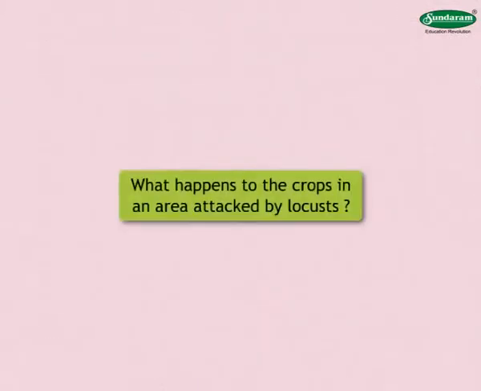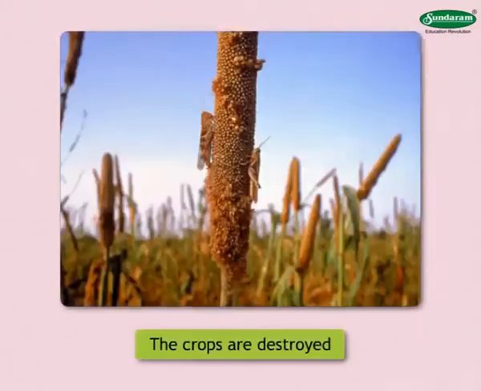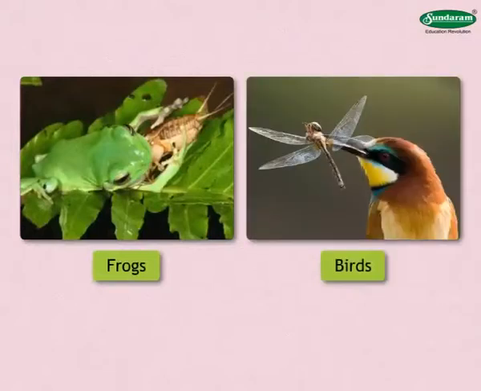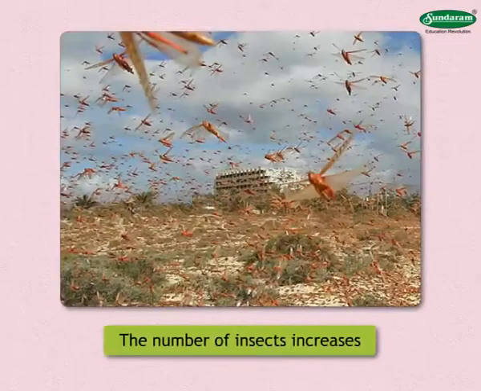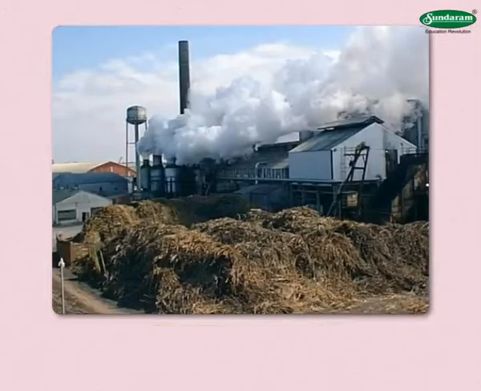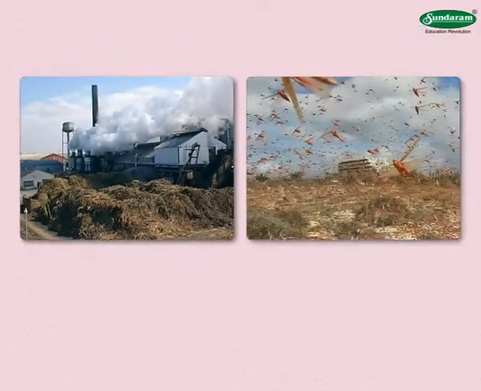What happens to the crops in an area attacked by locusts? The crops are destroyed. If the number of frogs and birds which live on insects decrease, the number of insects increases.